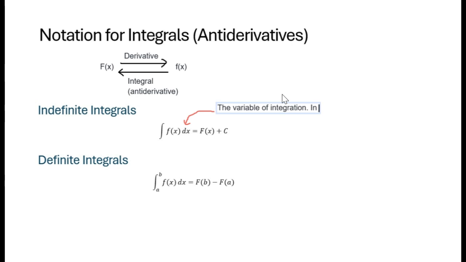In this case it is x, but it can be t or y. So in other integrals, if we're integrating with respect to, let's say, t, you're going to have a dt instead of dx.